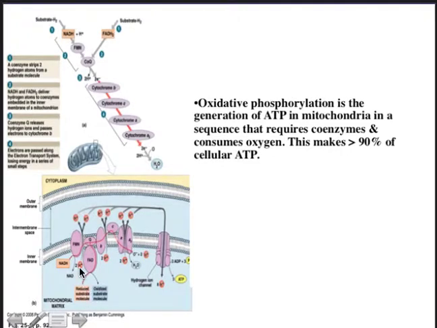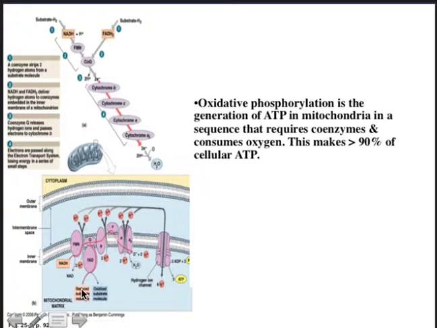FADH2 enters the electron transport chain a little bit further down, at the region of this second electron carrier. And as a result, we realize less of an energy payoff from the oxidation of FADH2 than we do NADH, but the net effect is the same.